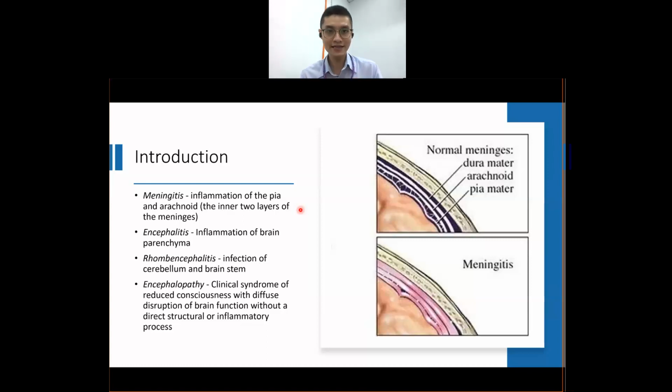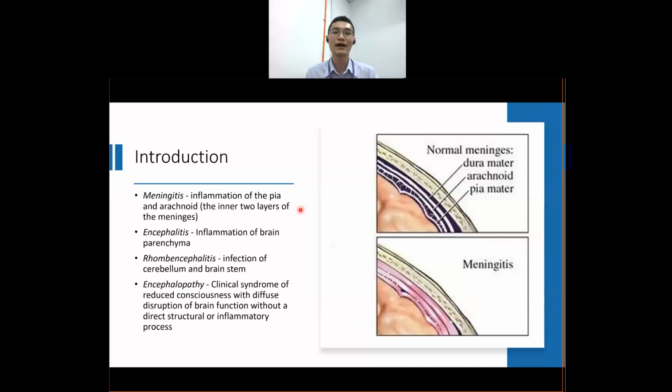But really, in clinical practice, it is not so straightforward. Usually, we don't say this patient has pure meningitis, this patient has pure encephalitis. Most of the time, we use the term meningoencephalitis because any inflammation tends to involve adjacent structures. The meninges and the brain parenchyma are very close to each other.